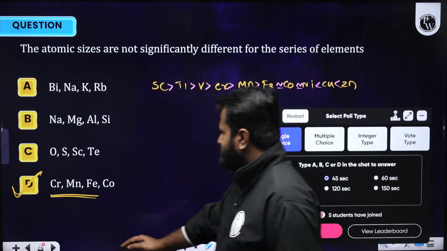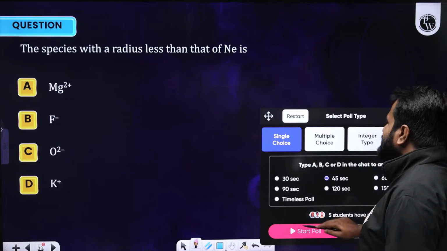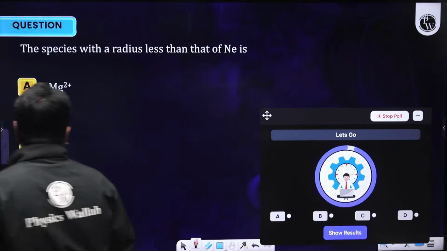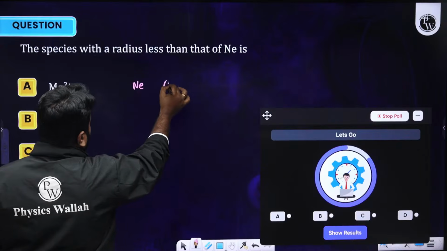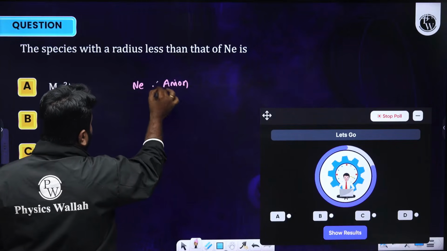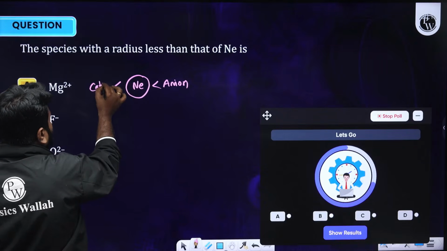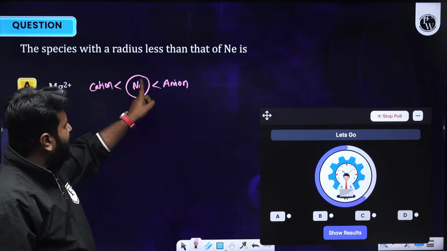Next question. Species with a radius less than that of neon. Neon is a neutral atom. Anion will be having more size than neutral atom.